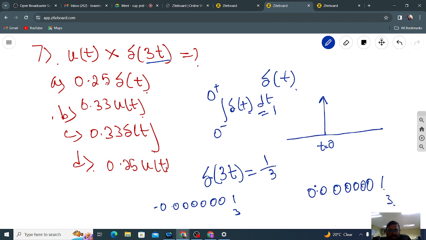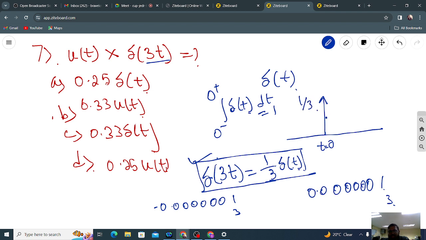So similarly, if we do the integration over a small region, it will be 1 by 3 of delta t. This is the scaling factor. So we just substitute it here: u(t) into 1 by 3 delta t.